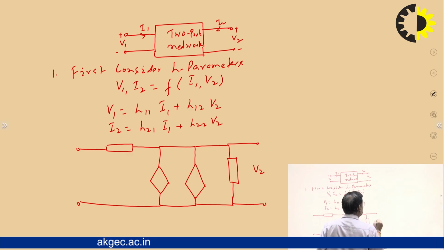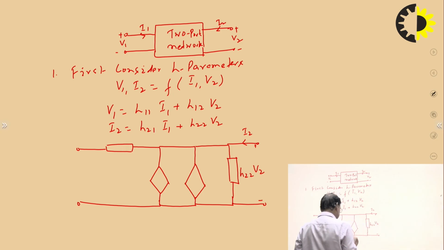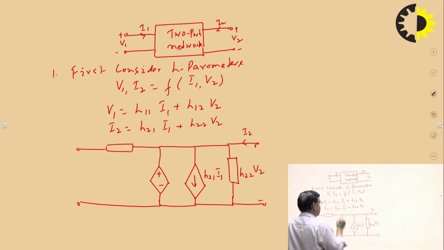This is your V2, this is your I2, H22, this is your H21 I1, this is your H12 V2, and this is H11.